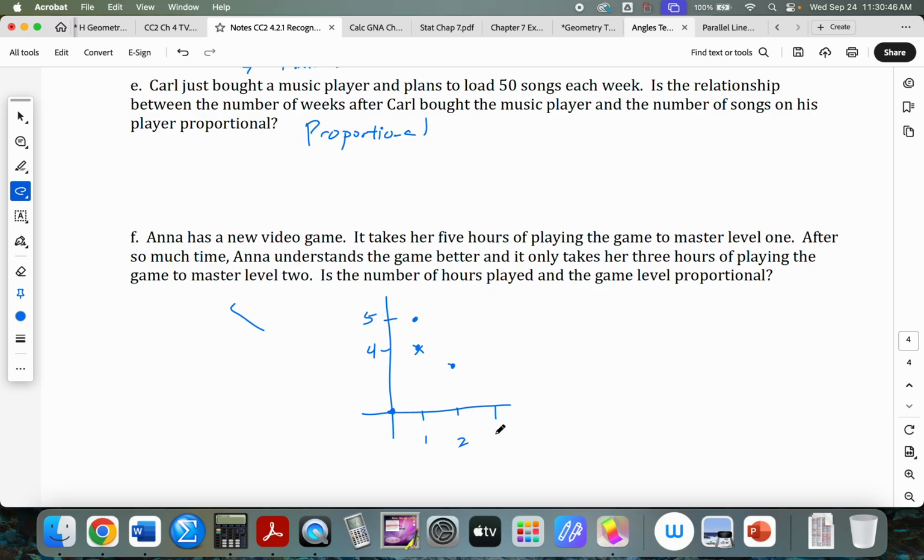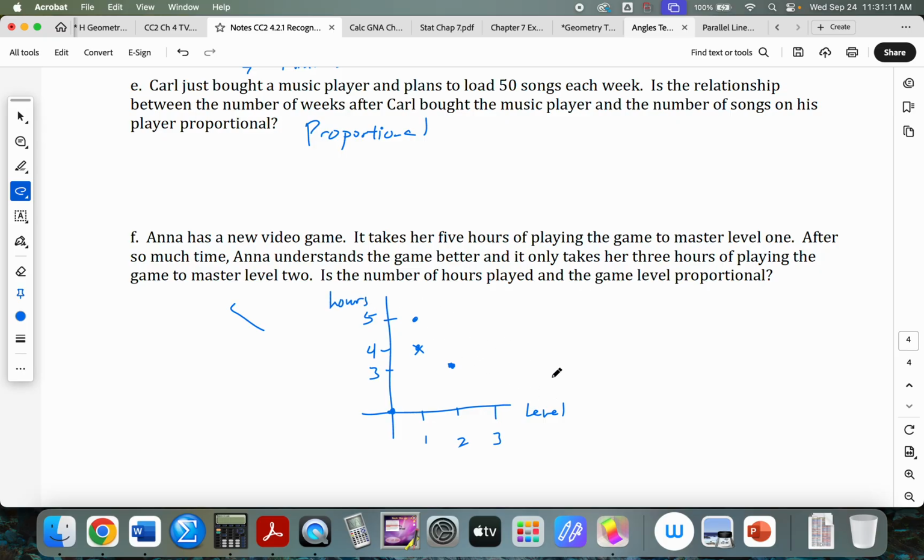And then for level 3, do you think it might take her? It's 3 or 4. You said 5 for this. It's 5 hours for level 1 and 3 hours for level 2. That's what I've got. This is level and hours.